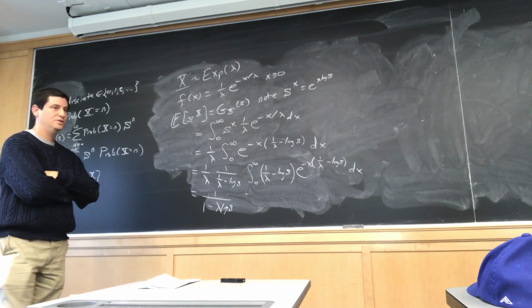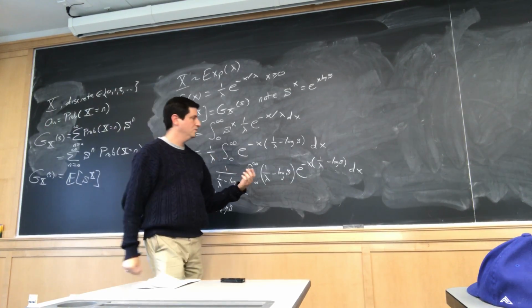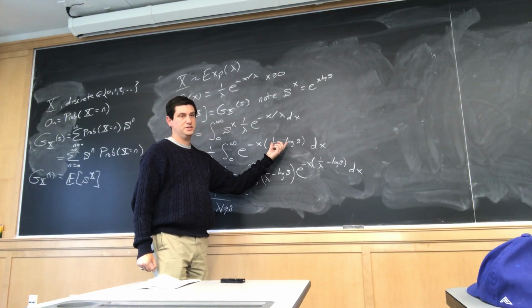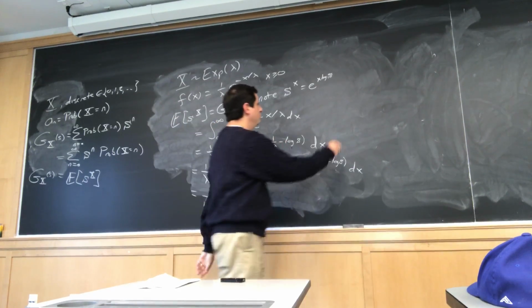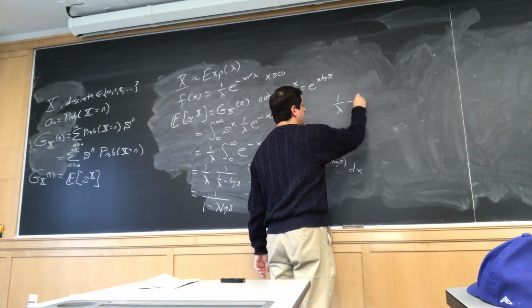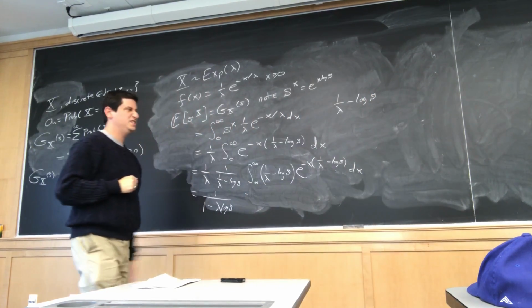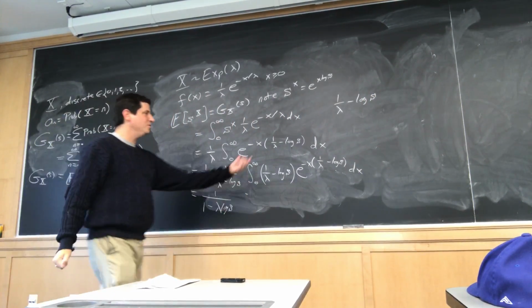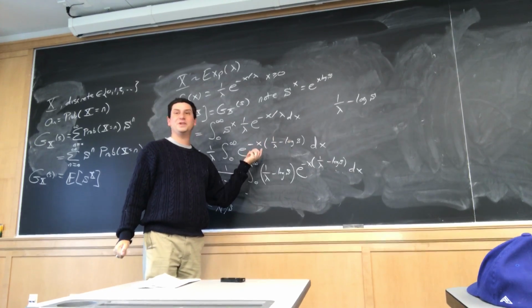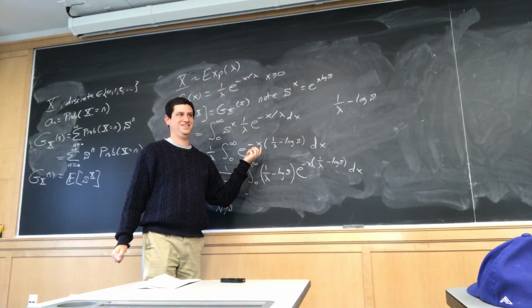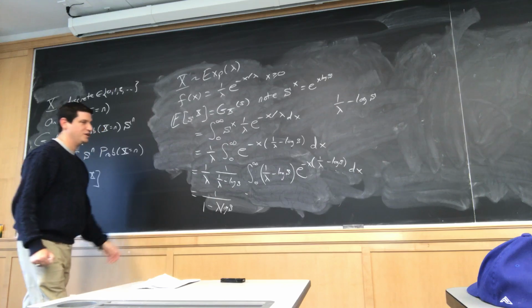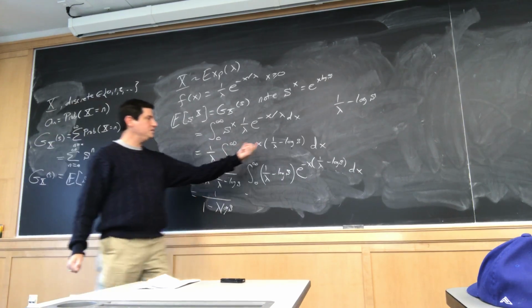Yes. 1 over lambda minus log s. What do we need to be true about 1 over lambda minus log s? It's more than just not 0. It's got to be greater than 0. If this is a negative number, we're integrating something like e to the 7x. Exactly. But if this is a positive number, then we're fine.